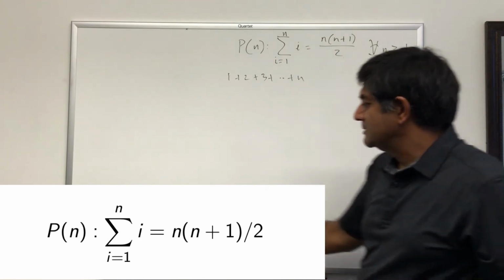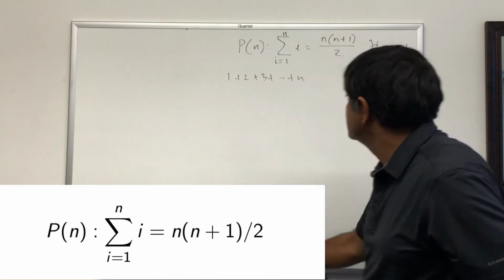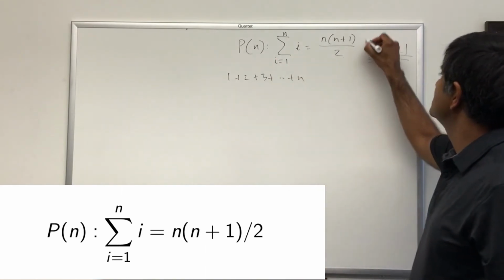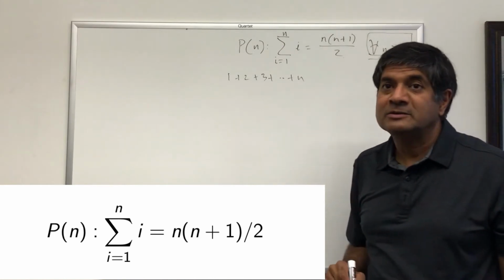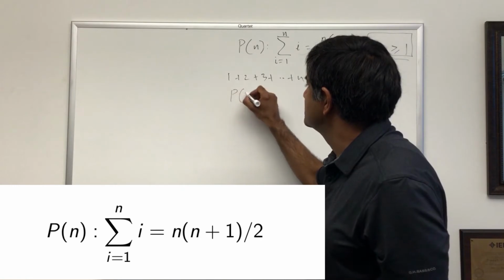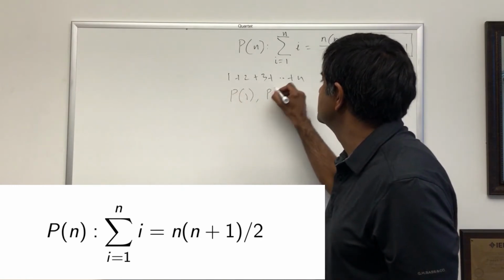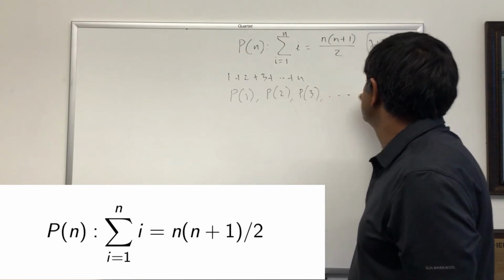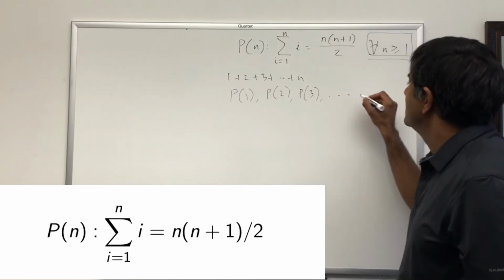Now, the first thing I want to point out is what we're being asked to prove, especially with this for all n greater than or equal to 1, is that the proposition is correct for 1, the proposition is correct for 2, the proposition is correct for 3, and so on, forever, right?